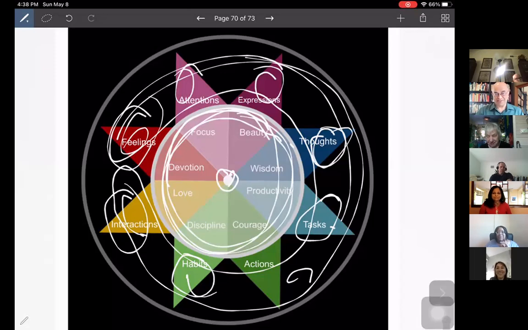So our thoughts, tasks, all of this is how we interact with society, basically. And the inner circle is who we truly are. And the outer circle is what we appear to be to society. That's what I understand through this diagram.